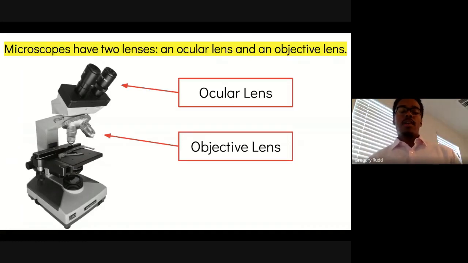So this is actually where you would place your eyes to see whatever is being objectified. And then the objective lens is also required for magnification, and it's what's directed at the object. So you would place your slide right here, and the objective lens would be directed at that slide.